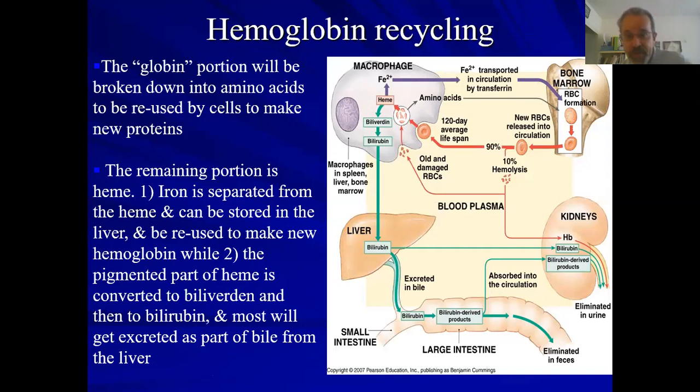I've got a diagram here you can see and the description. It's kind of a busy diagram, so just to orient you, there's the bone marrow. This is meant to represent macrophages in the bone marrow, but primarily in the spleen and the liver. Here's the organ itself, and here's the kidneys.